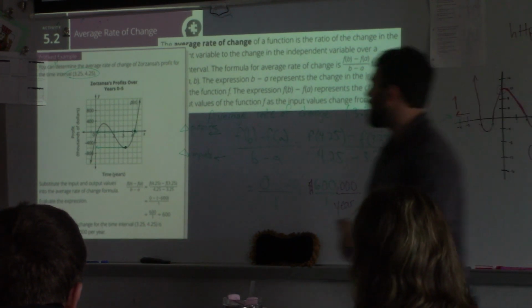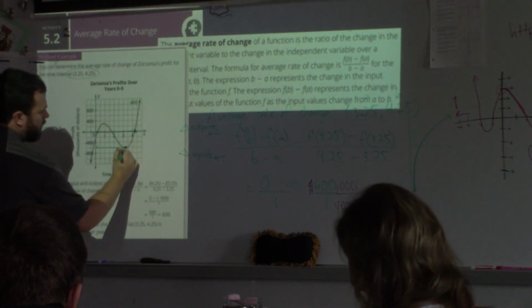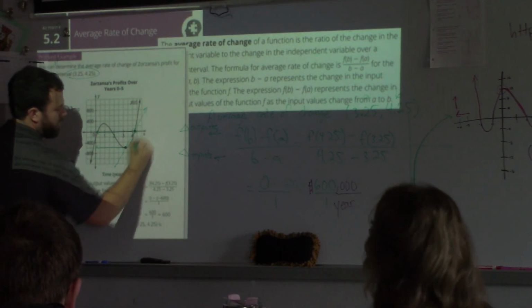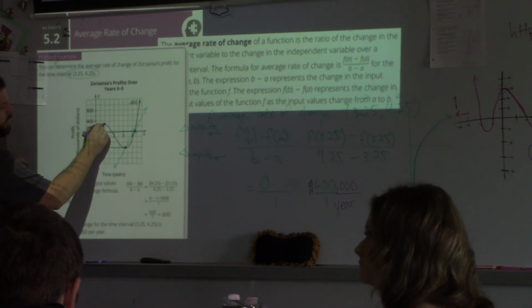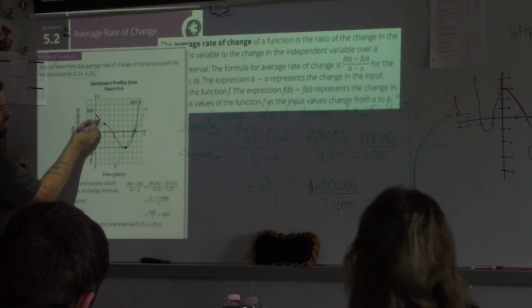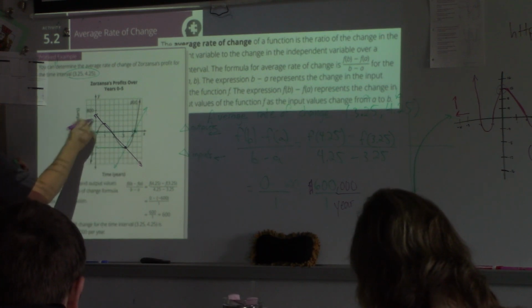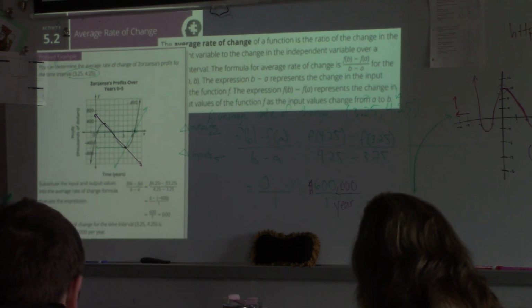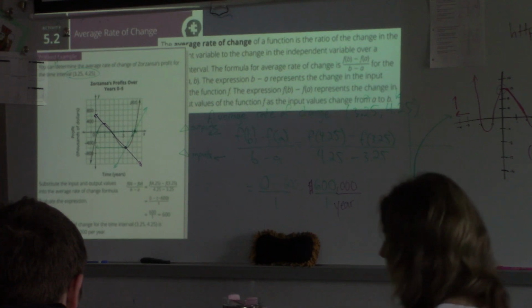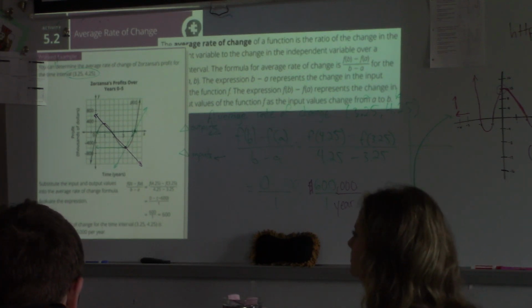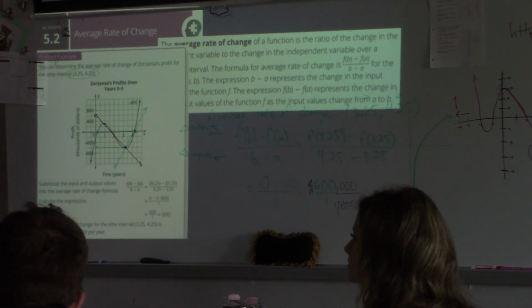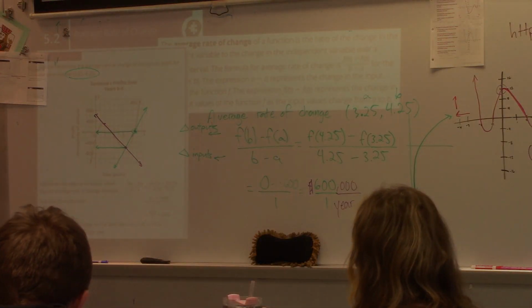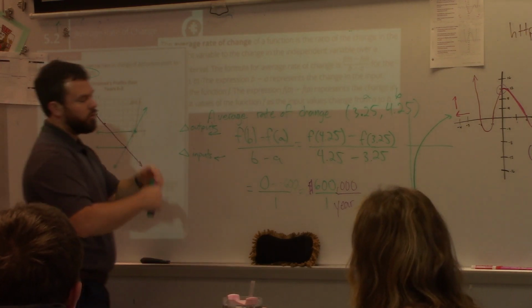Because I want you to think about it. Notice, right here, my slope is positive or negative? Positive, right? But what about if I went from about year 1 to year 3.25? Are they having positive sales then? Oh no, that's negative. It's decreasing, right? So we have to pay attention to the context here, and we can't just do average rate of change and say this is always true.